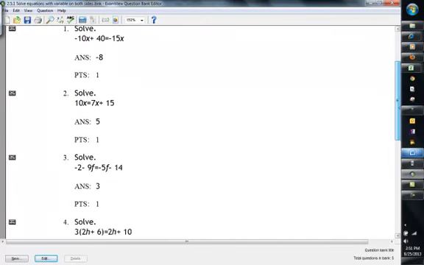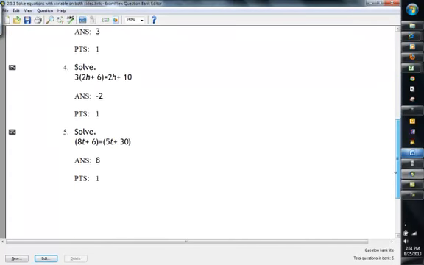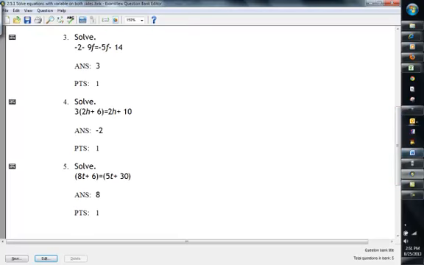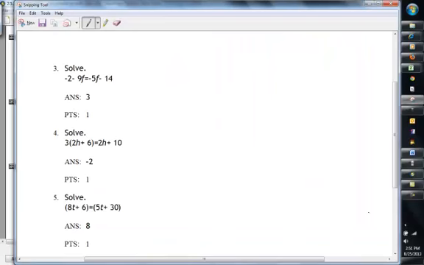Let's look at a slightly different problem for that one. When we solve it, let's solve these three right here. Okay, so we've got negative 2 minus 9f equals negative 5f minus 14.